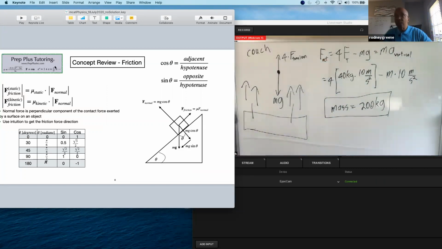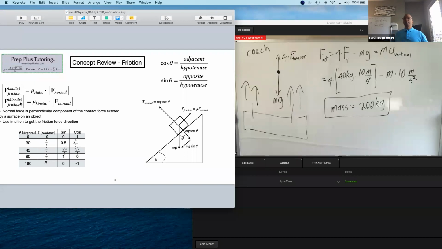The force due to friction is some coefficient of friction times what's called the normal force. And you have a force due to static friction and a force due to kinetic friction.